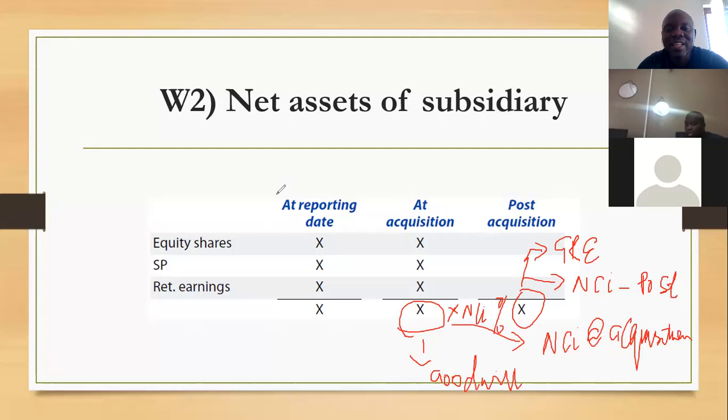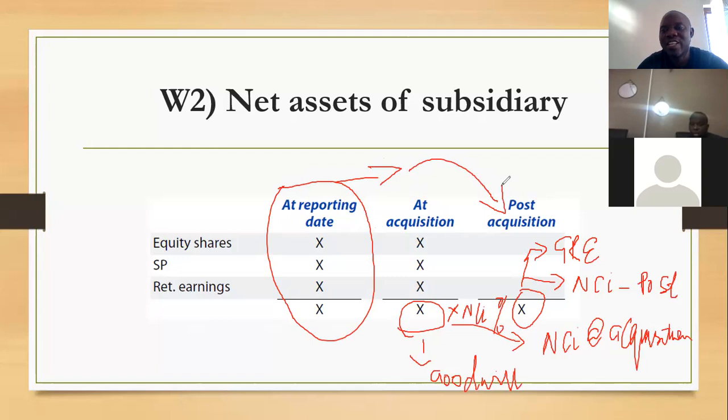And we know that this component is basically used to compute your post-acquisition, so that you have at report date less at acquisition. That value addition, which comes in after you have significant control as a parent company, has to be computed.